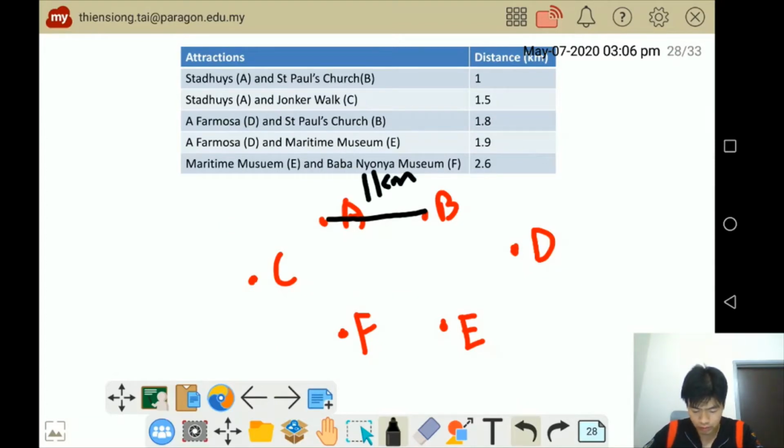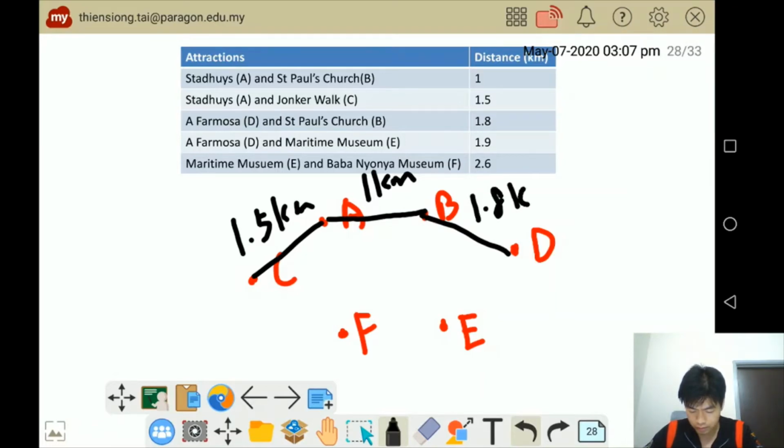A to C, 1.5 kilometer. D to B, 1.8 kilometer. D to E, 1.9 kilometer. And the last one, E to F, 2.6 kilometer.